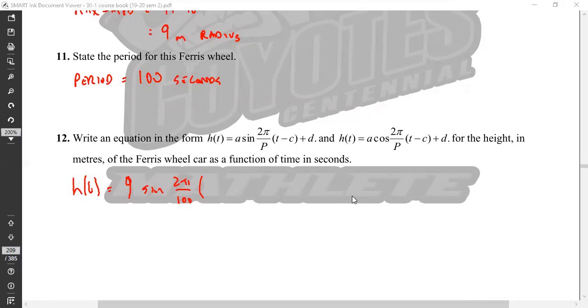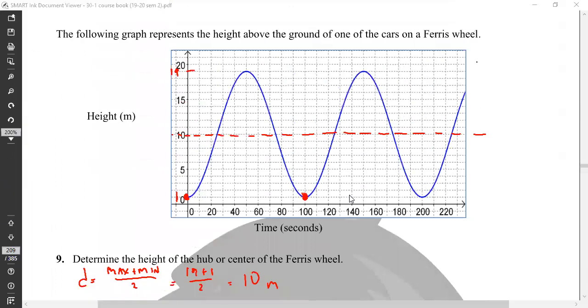For sine, what do we have for the C value? If we look at what's going on with our graph, for sine, our start point seems to happen right about here. Looks like maybe 25-ish?